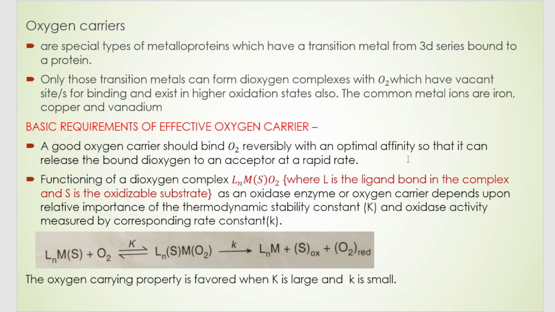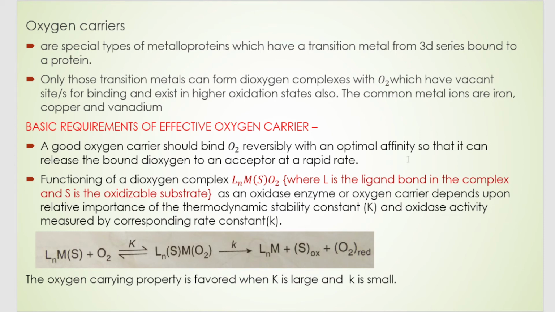Meaning, this oxygen carrier should bind oxygen in such a way that it is not bound very strongly, and not very loosely either. One optimal affinity in between, so that whenever it reaches the acceptor site.